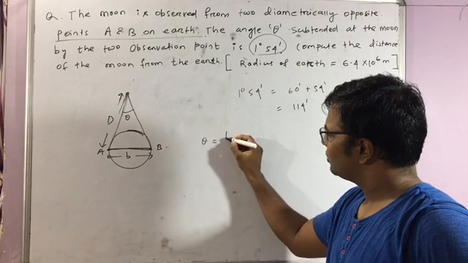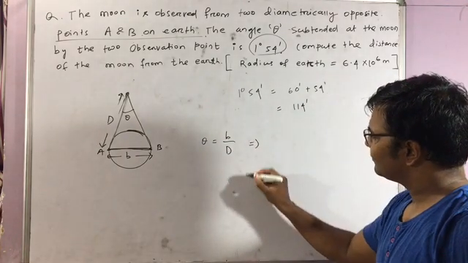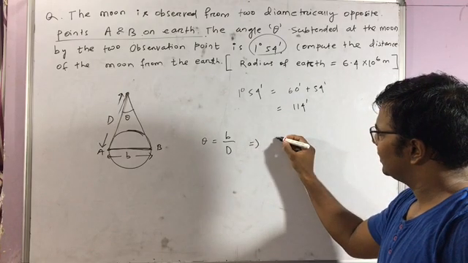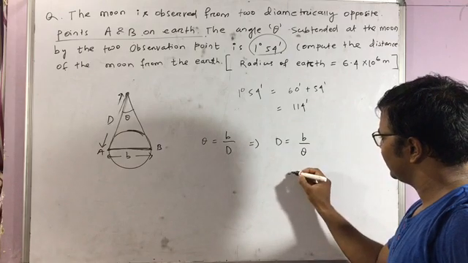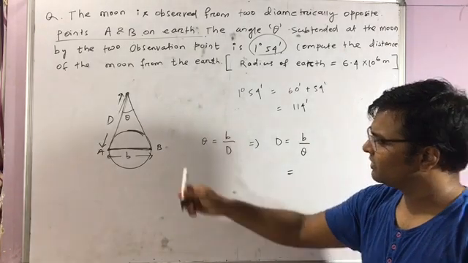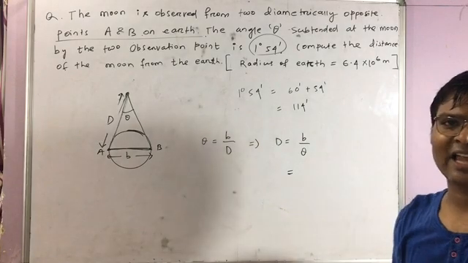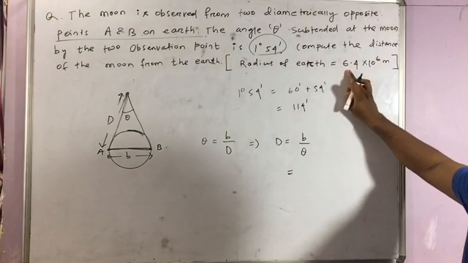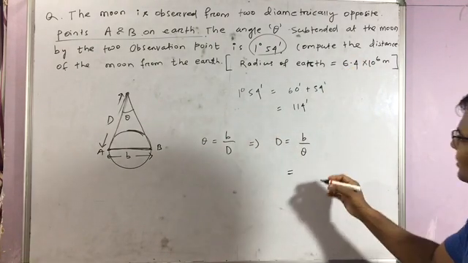So now we can use this formula. Theta is equal to B by D, which implies D is equal to B by theta, and B is your basis. Basis is what? A and B are diametrically opposite points, so it is the diameter of the Earth. As the radius of Earth is given, diameter will be twice of it. So B is equal to how much?